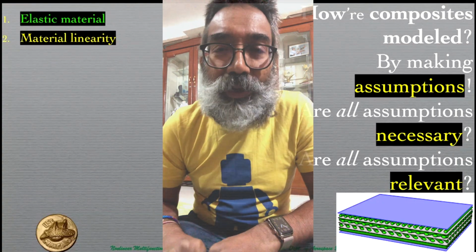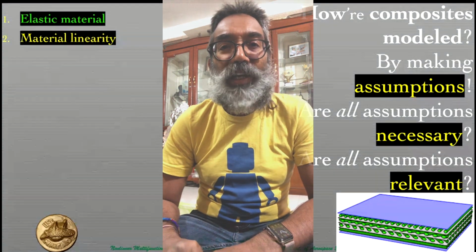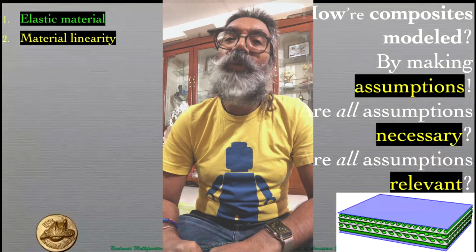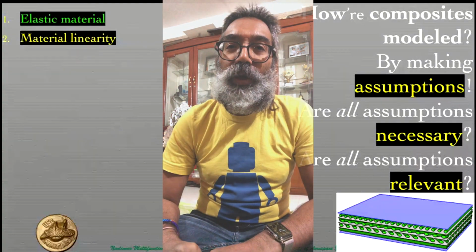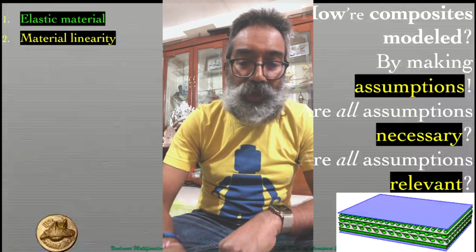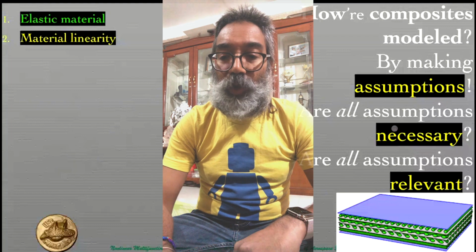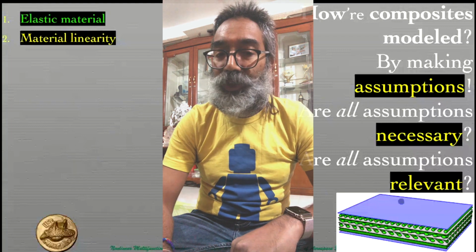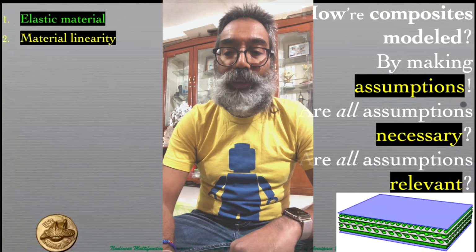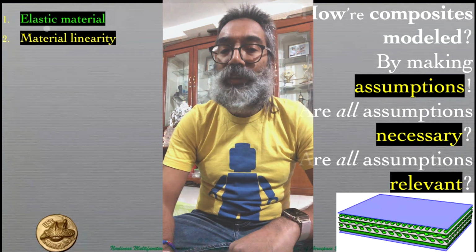When I say green, it says that for most practical applications of light vehicle structures, it is an acceptable approximation or assumption in the range that you are interested in. Because remember, we talked about two questions over here. One is about the necessity of the assumption. The other is in terms of the relevance of that assumption. So that's what we are saying. It's both necessary as well as relevant in order to derive a lot of things that we are deriving. Therefore, I use a green font here for elastic material.